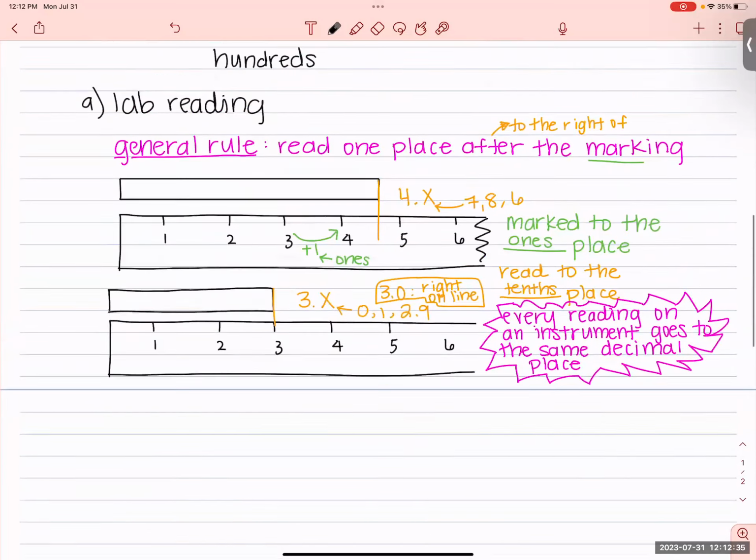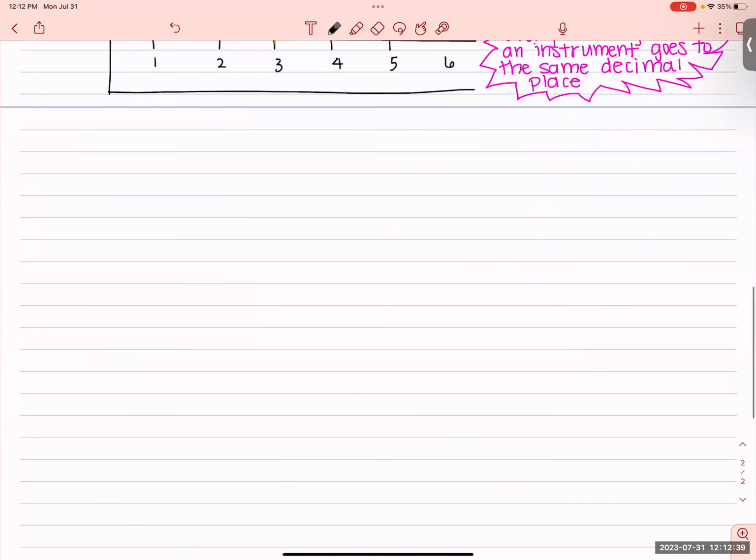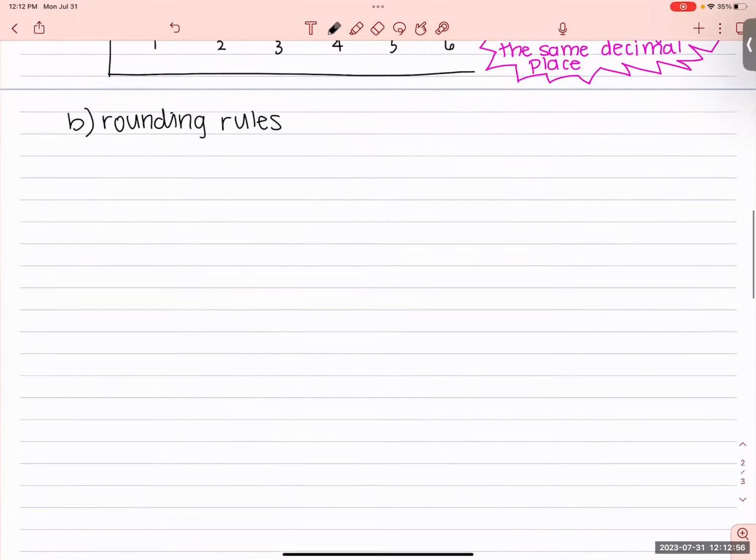Okay. Next up is rounding rules. So rounding rules are, we're going to keep them very simple.